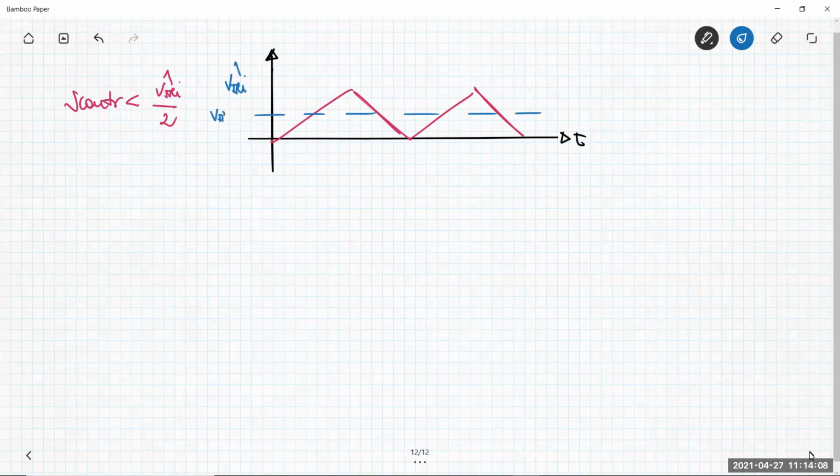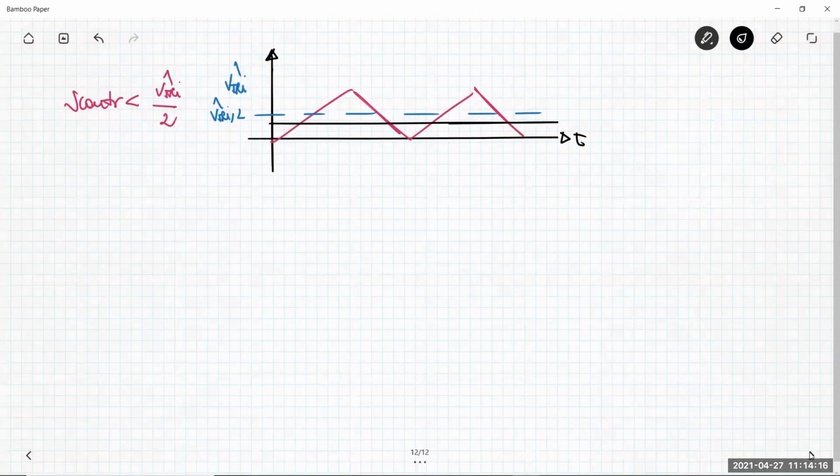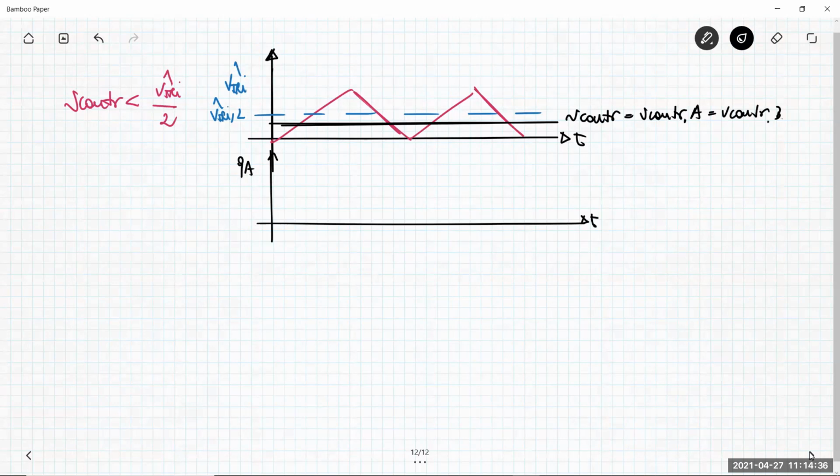Then I have V divided by 2. Suppose that my control voltage now is here. Okay? This is the V control, which is V control for the leg A and also V control for the leg B. So let's see QA. No surprise, QA is the usual derived waveform.